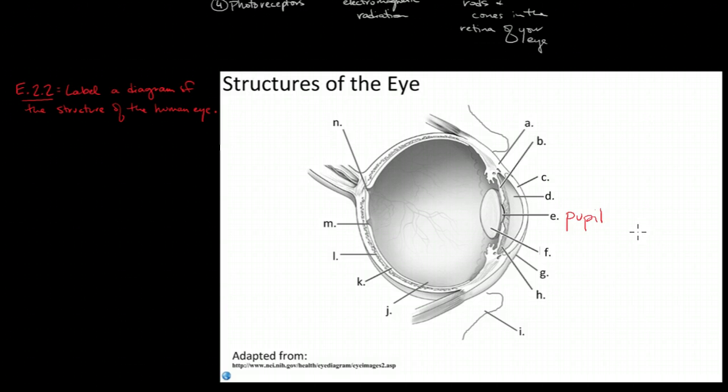So we've got the pupil. We've got, let's see, here we've got our lens, which adjusts the focus of the light. Here we've got our conjunctiva.